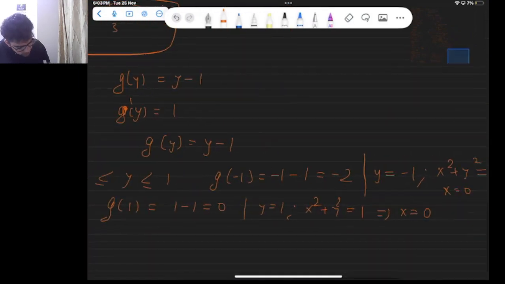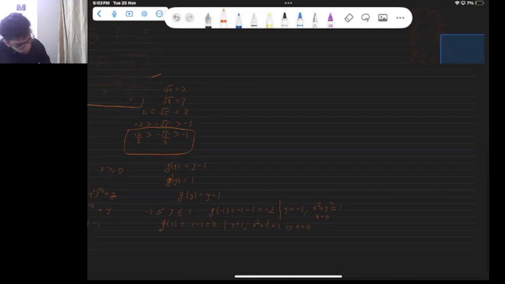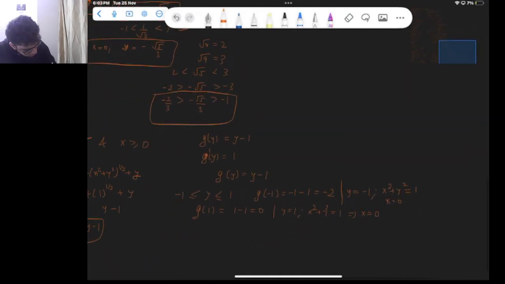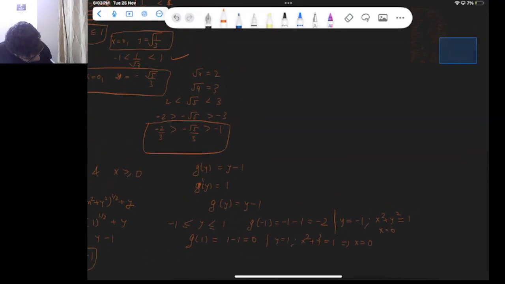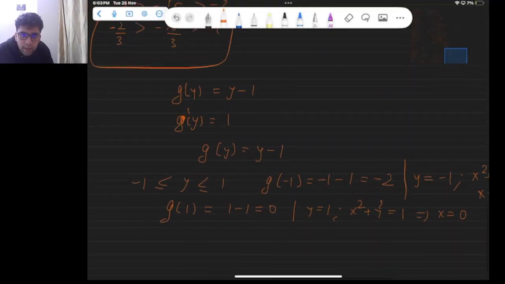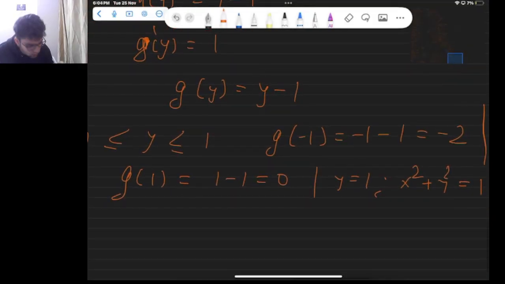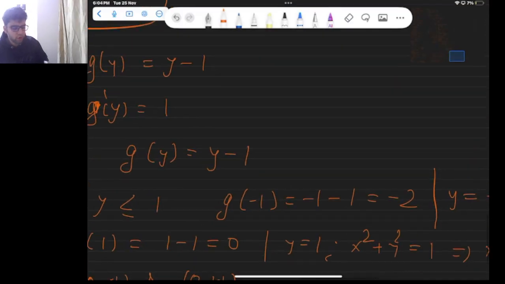So the 2 points that I can write from this are 0 comma negative 1 and 0 comma positive 1.